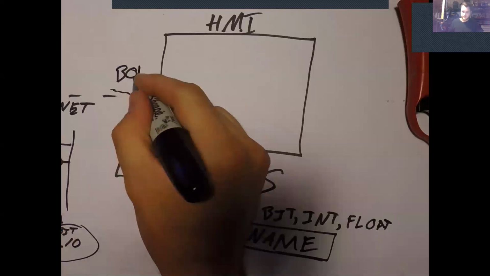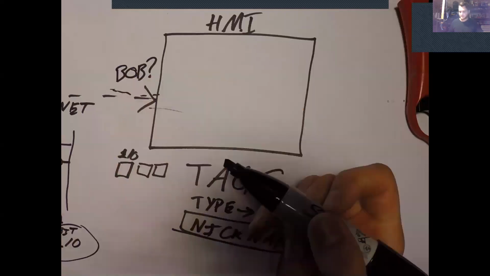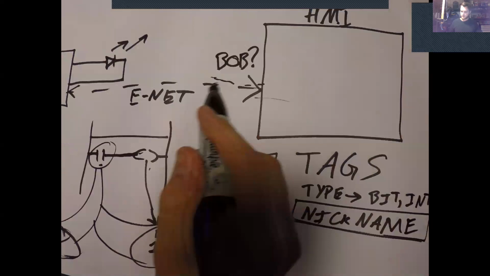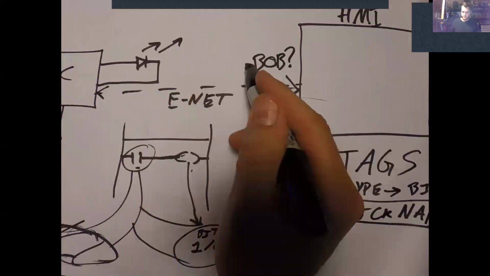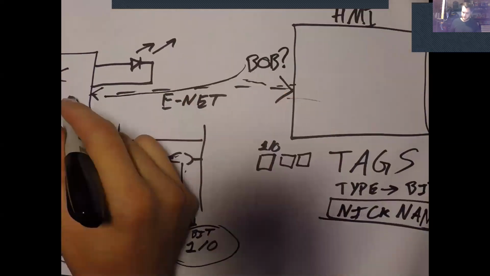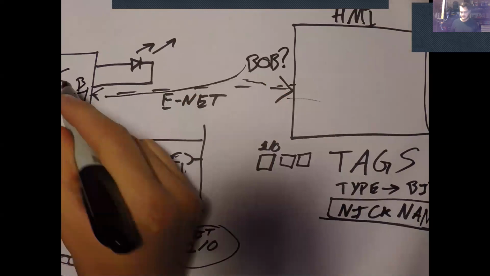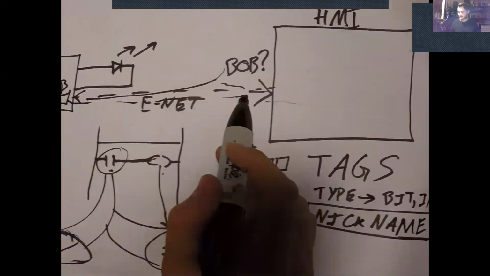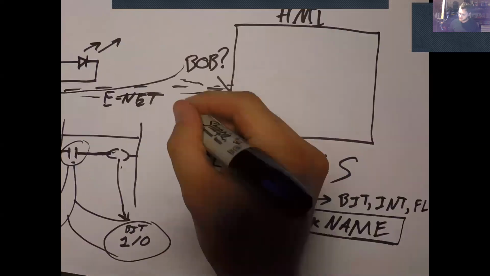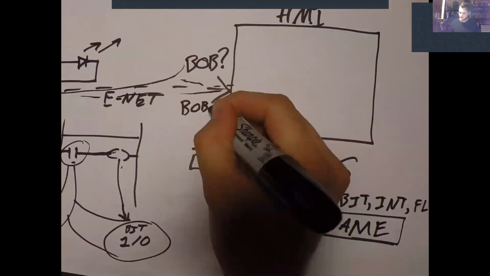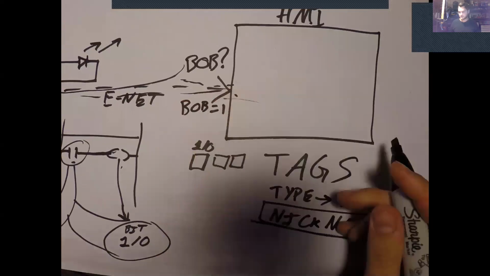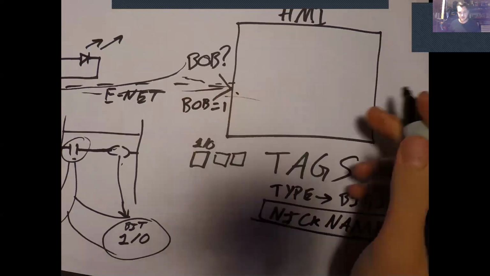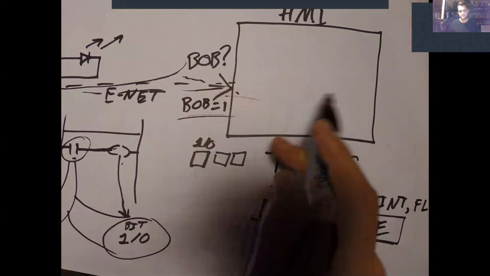Bob, is Bob a 1 or a 0, right? And we go and we look in the PLC at the bit for Bob, and it's going to be a 1 or a 0, okay? And that's going to get transmitted back to the HMI, and it's going to say Bob is equal to 1, right? And then on the HMI, you can do stuff based on the state of Bob.